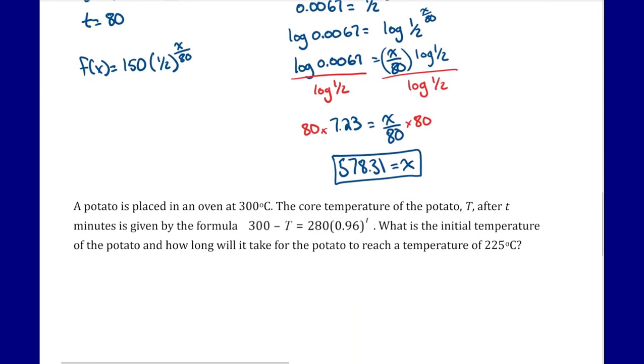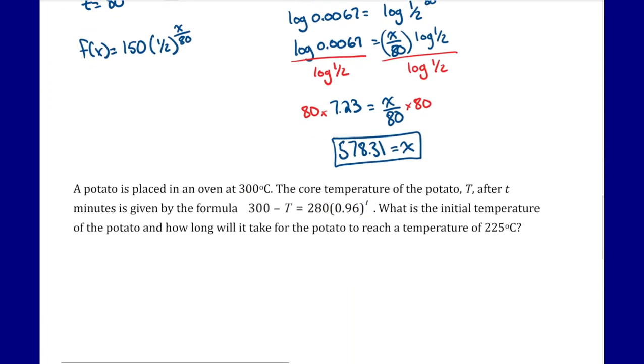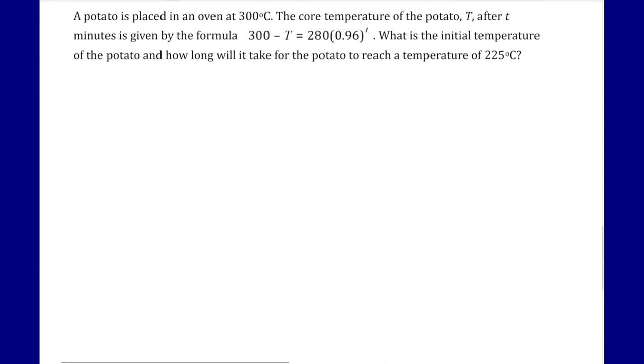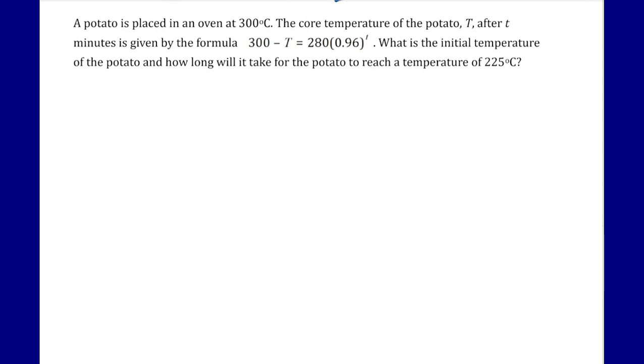The last one is similar to one that we did before in the previous unit, looking at a potato in an oven. However, in this one, we're not just calculating what the temperature would be after a given time period. We are now using the equation to figure out how long it will take to get to a certain temperature.